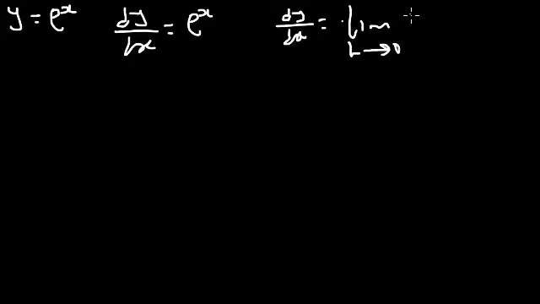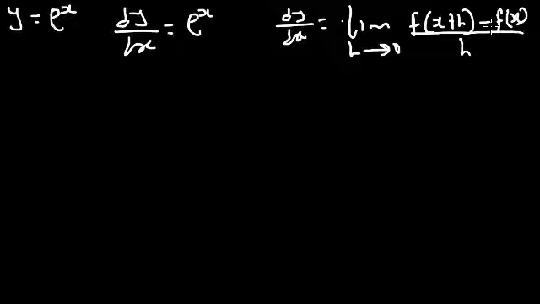Regardless, just know that that's what h means. So we have f of x plus h minus f of x, all divided by h. That's what the definition of derivative says, and that's what we're using to show that the derivative of e to the x is still the same as e to the x.